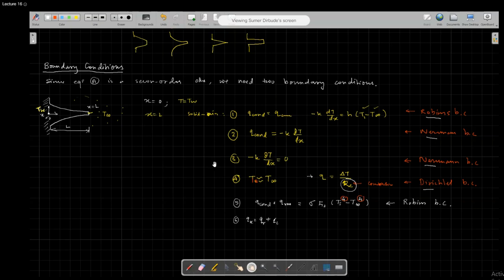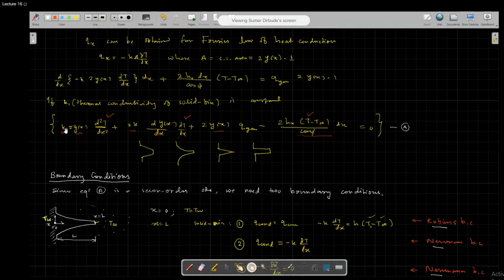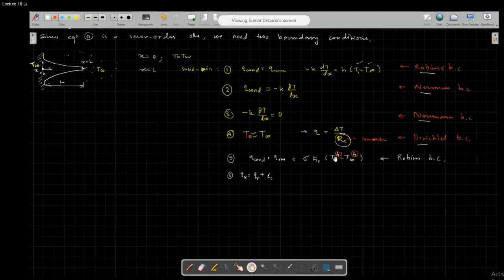Even if the governing equation, after considering K, constant K, and only the equation d2T/dx2, with these values given, your problem may become non-linear because your boundary conditions are non-linear.